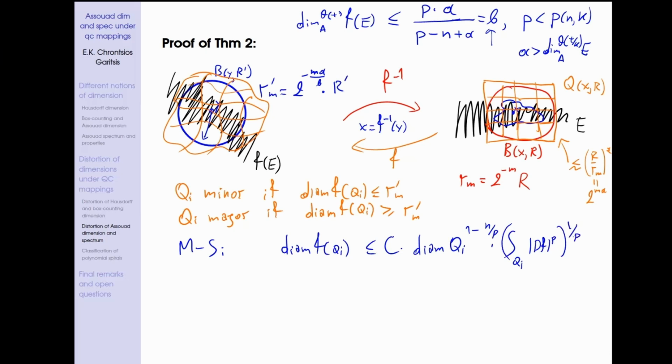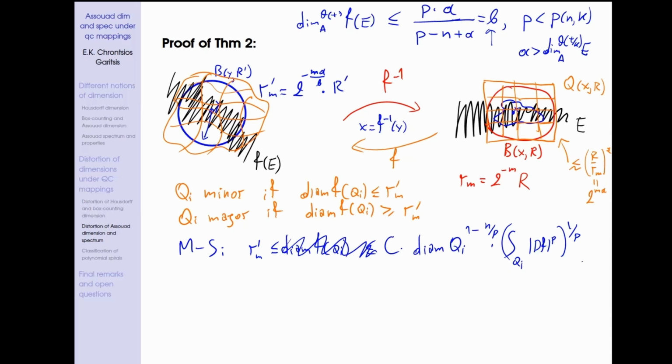So for major cubes, we actually have that this is at most r prime m. So we can now forget about this for a while. And if we sum over all major cubes, we do get an estimate on the left-hand side. We would get the number of all major cubes that might appear, bounded above by some quantity here.